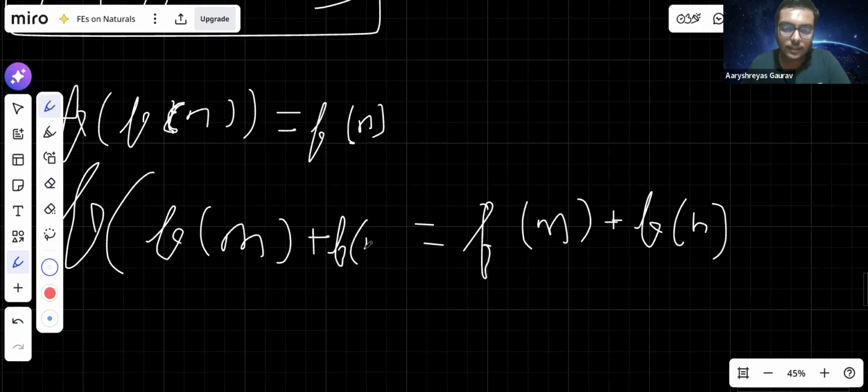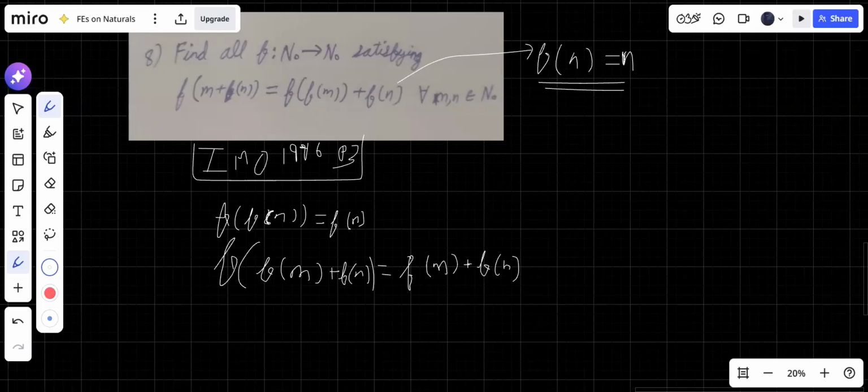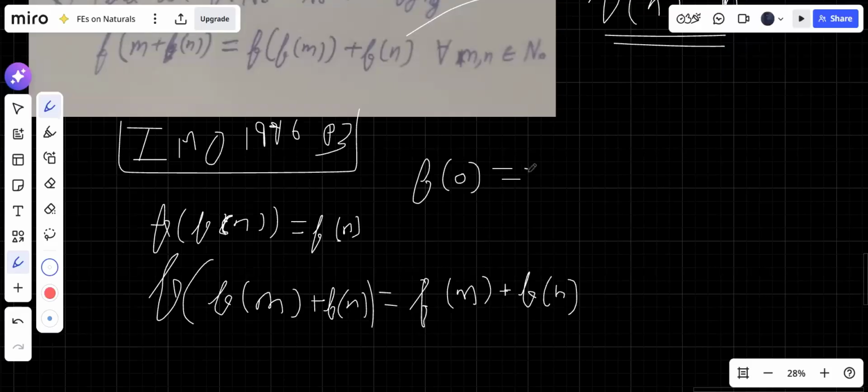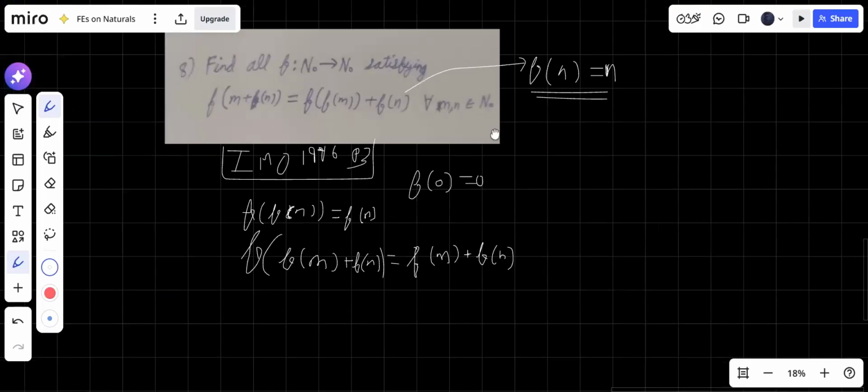Let me check if it is true. How did you get this? Firstly, we put m equal to n equal to 0, then f of 0 is 0. Then using that, we put m equal to 0. Hence, f of n is equal to f of n.